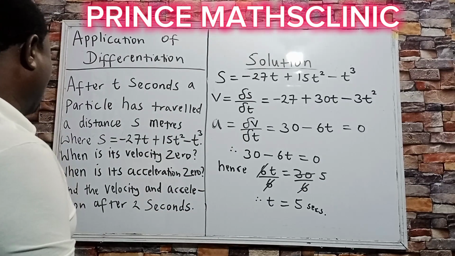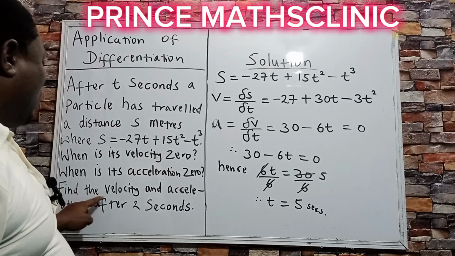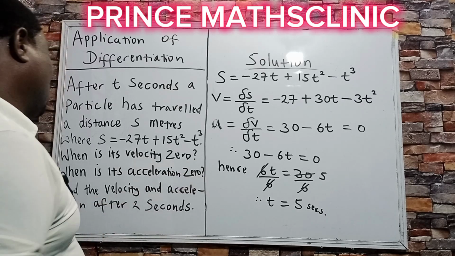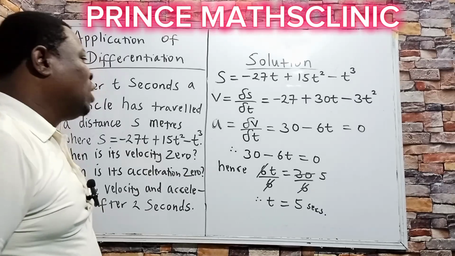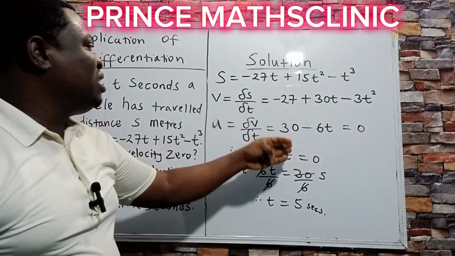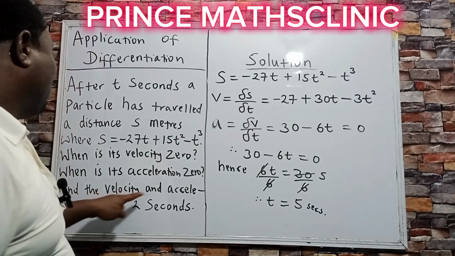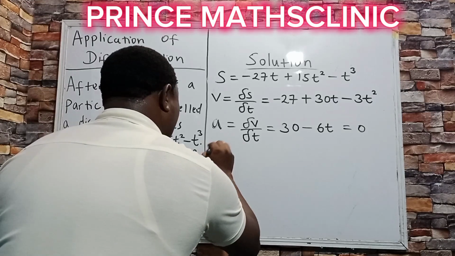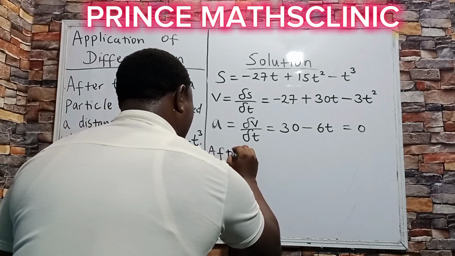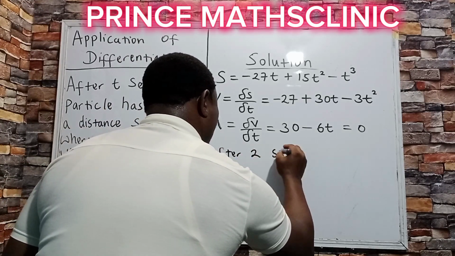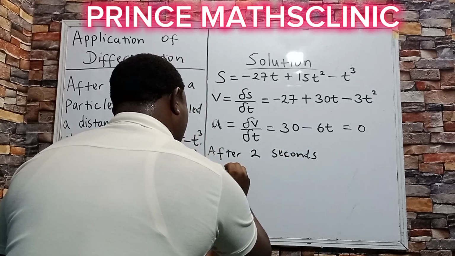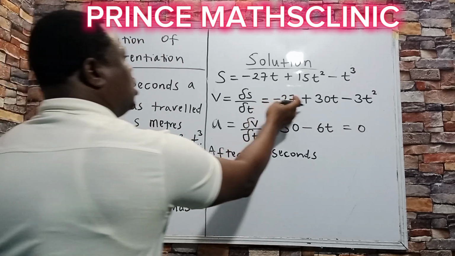Now, the next stage of the question says we should find the velocity and acceleration after 2 seconds. So we are going to use the equations we obtained for velocity and acceleration to find the velocity and acceleration after 2 seconds. The equation for velocity is this.